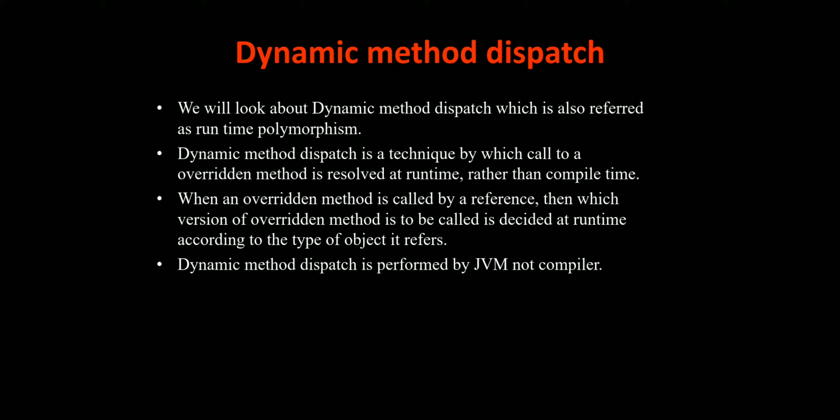First, we use the final keyword with a variable to declare a final variable. Second, we use it with a method to declare a final method. Third, we use it with a class to declare a final class. In these three contexts, we use the final keyword.